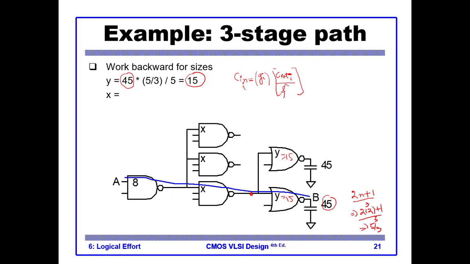So what is the equivalent capacitor seen at this point? The capacitance seen will be 30. So let's calculate the X. Again, C out at stage number 2 multiplied by Gi of the 3 input NAND gate.